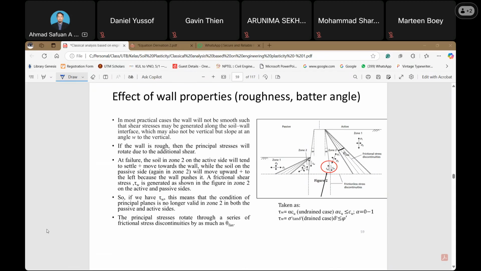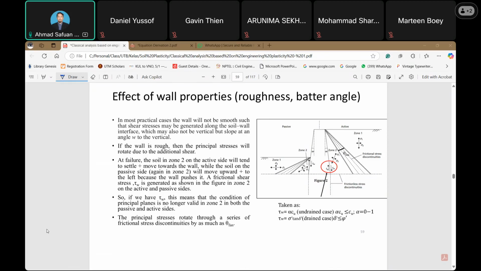Okay, based on our previous discussion, we deal with a problem. We assume first the wall is smooth; second, there is no batter angle.